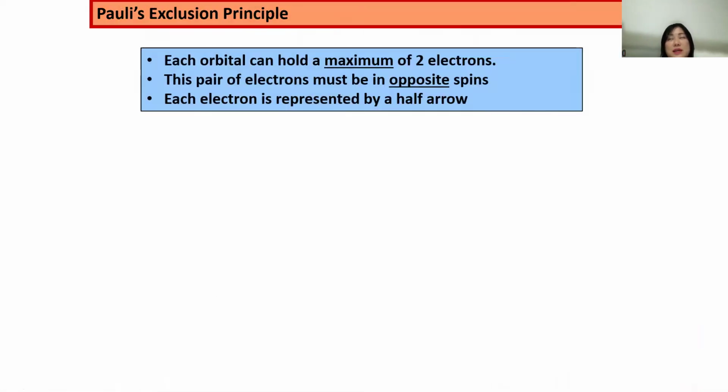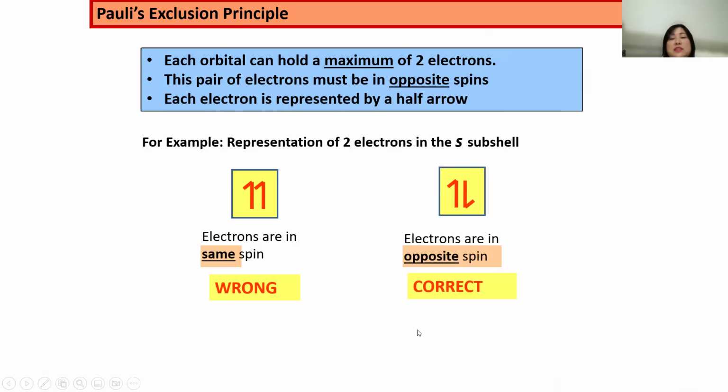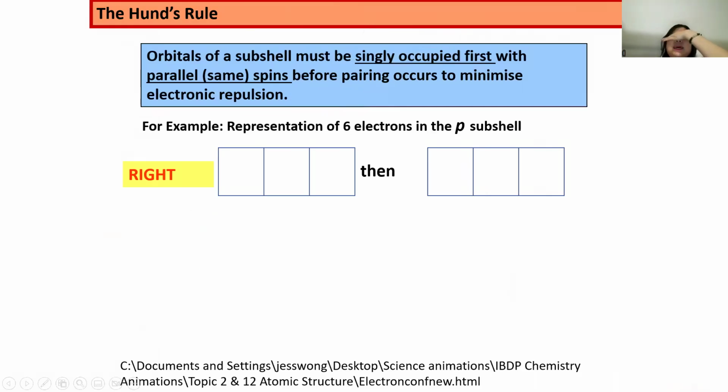Every orbital can hold 2 electrons and they must have opposite spin, represented like half arrows. This is called parallel spin, so it's wrong. This is opposite spin, so it's correct. Now the next rule is that orbitals of the same subshell must be singly occupied first before pairing.